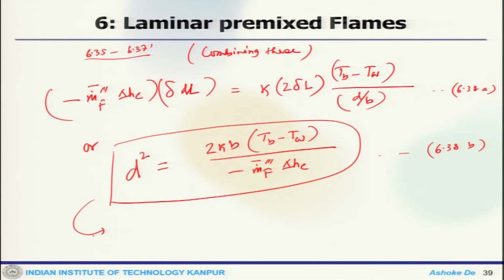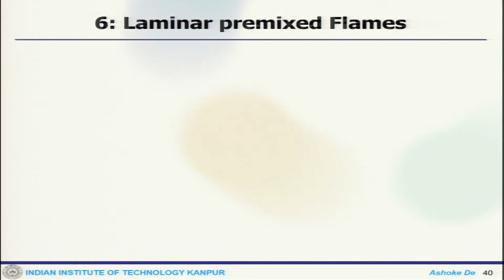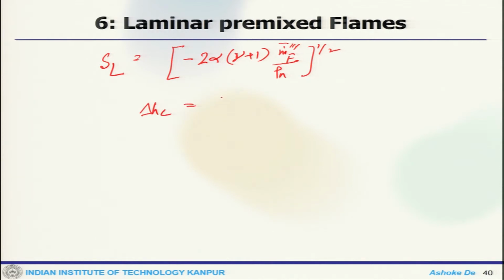Now, one can simplify this equation. How? If we assume T at the wall is the T unburned, and also we can use the relationship of SL equals 2 alpha nu plus 1 F by rho u to the power half, where delta Hc is nu plus 1 Cp Tb minus Tu.